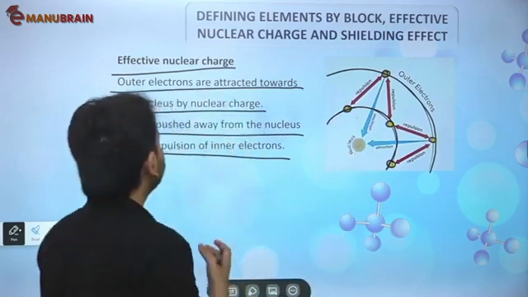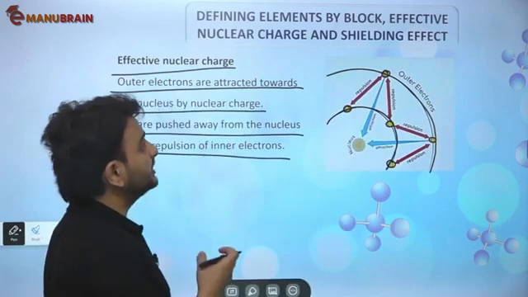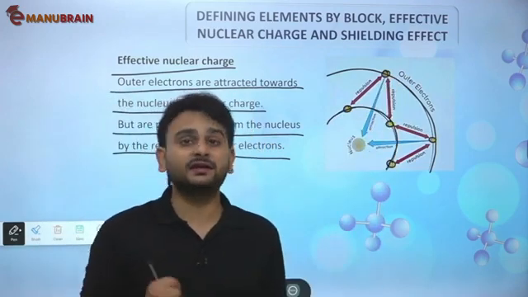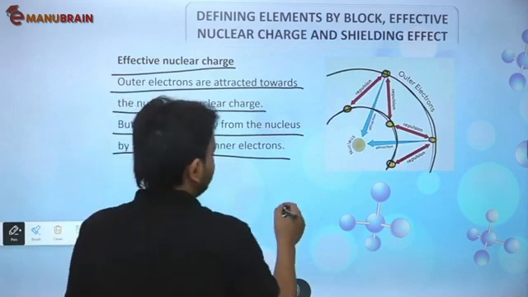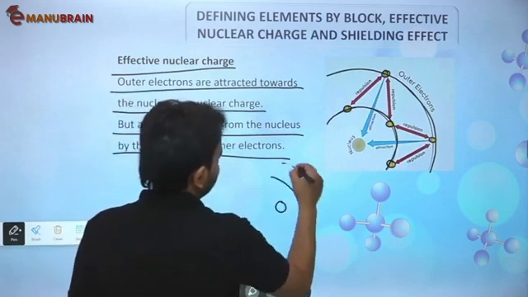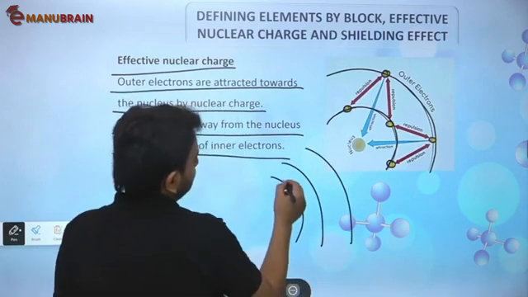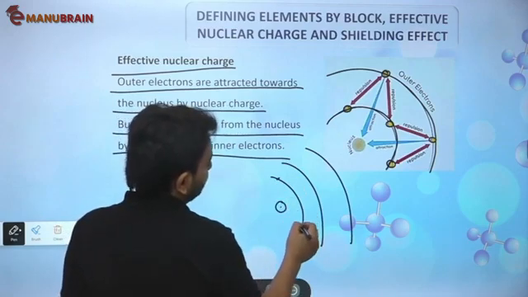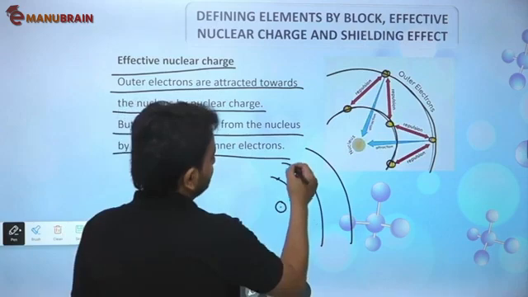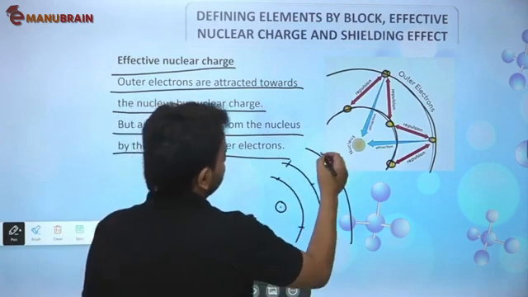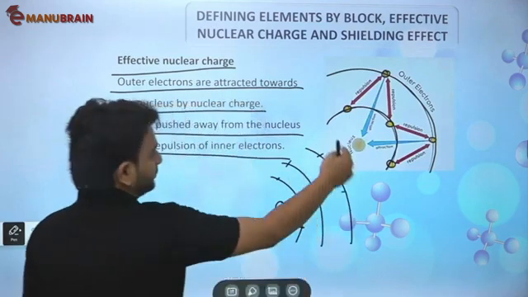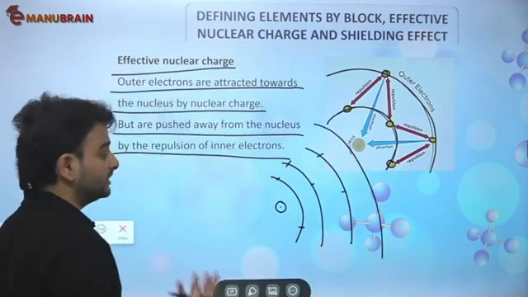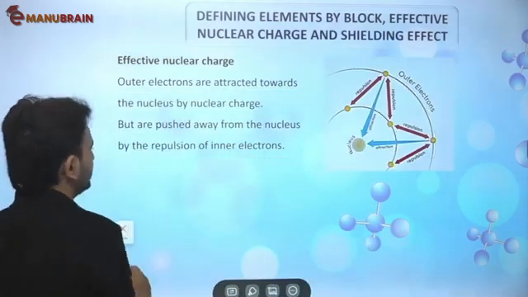Hence the effective nuclear charge that these outer electrons experience will be lesser than the inner electrons. So if this is the nucleus and this is the first shell, second shell, third shell, the first shell will experience the entire nuclear charge. This will experience something less, this will experience further less, and as we go further it will experience lesser effective nuclear charge. So this is the concept of effective nuclear charge.